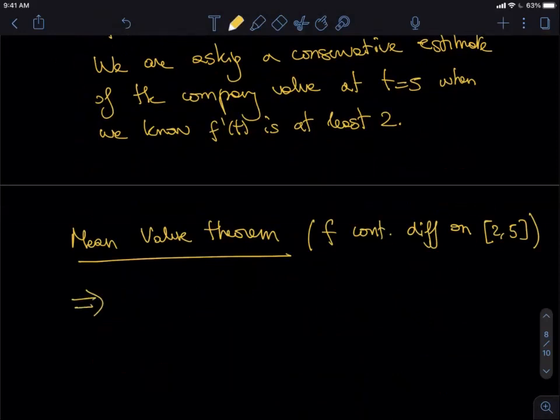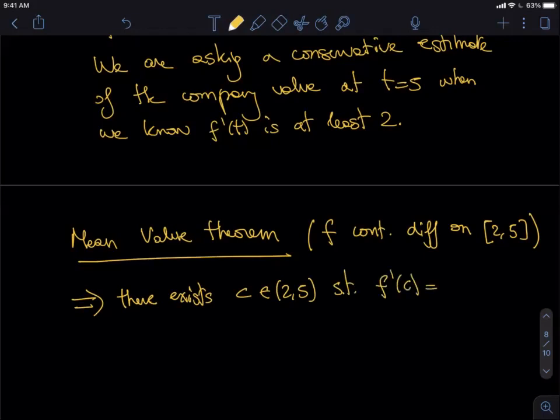So the mean value theorem says that there exists c in the interval 2 to 5 such that f prime of c is f of 5 minus f of 2 divided by 5 minus 2. And we may think that the situation has not improved, but it has improved. Actually, we are half the way through.